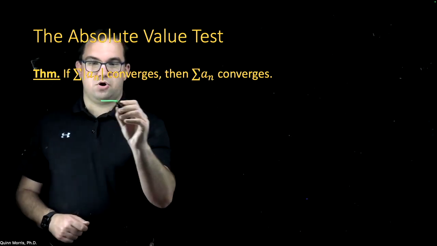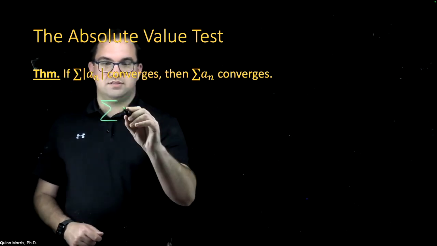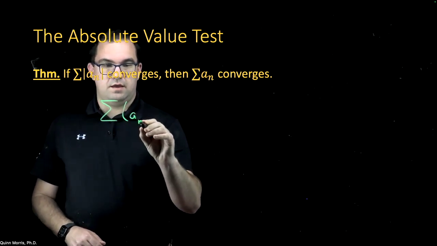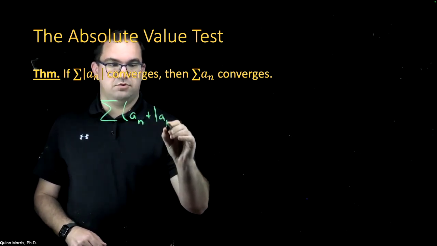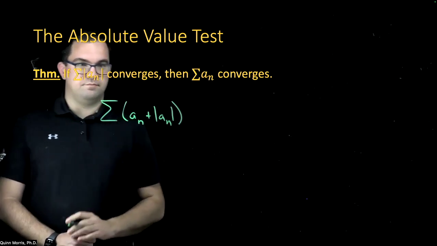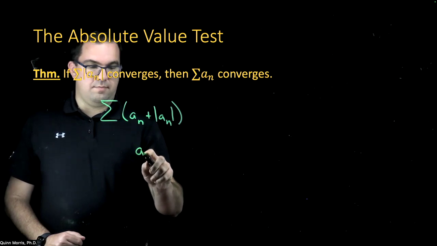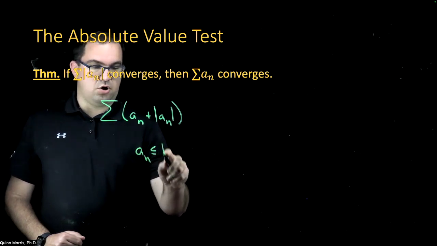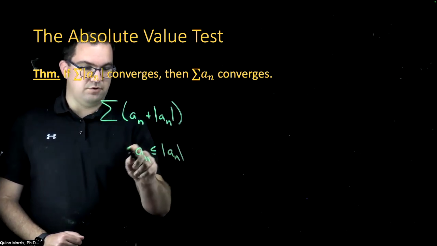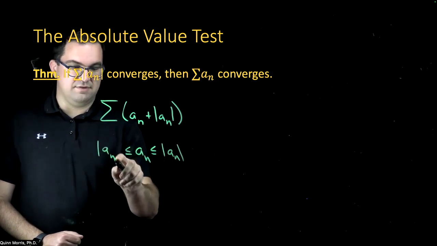But we're actually going to start by looking at the sum of a_n plus the absolute value of a_n. If we look at this series, one of the things we know about a_n is that a_n is always between its absolute value and negative its absolute value.